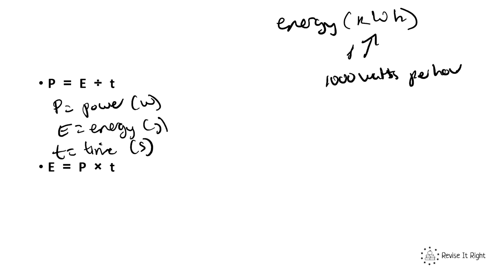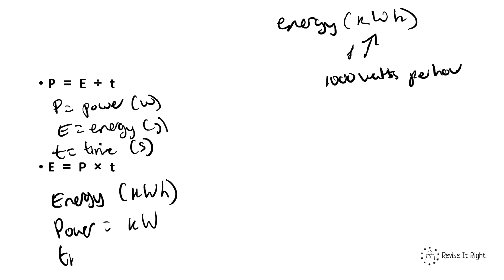And therefore we have another equation that can be written like this. Energy is equal to power times time. But energy is in kilowatts per hour, power is in kilowatts, and time is in hours.